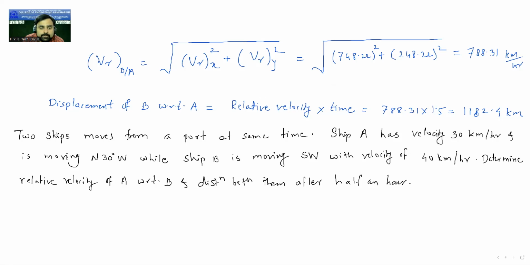So now here two ships move from a port at the same time. Ship A has a velocity 30 km per hour and moving north 30° west. So we'll start to draw the diagram. These are the directions. So here it is north, south, east and west.